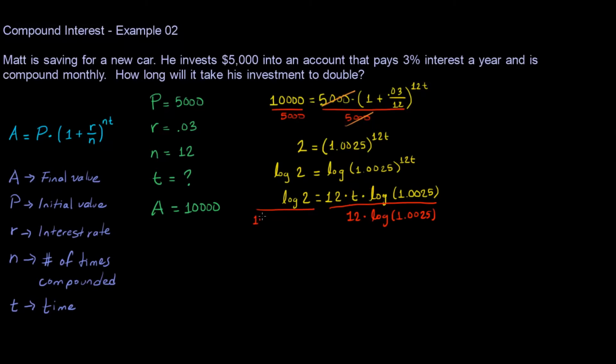So on the other side it will be 12 times the log of 1.0025. It's a bit messy here, sorry about that. So we can solve this out using a calculator. On the right side, you can cancel out this 12 with this one, cancel out this log with this one, and you will only have the t remaining.